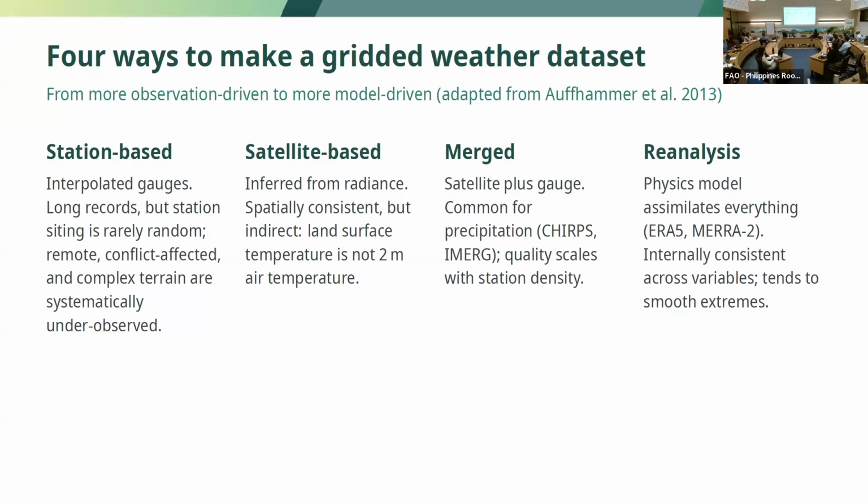There's merged data, which then brings together some of these satellites and gauge information. CHIRPS, I think, is a nice example of that. And then we also have reanalysis data. And that's where you have these physics-based models that will take all of this information, often adding in understandings of geophysics and how the atmosphere works, to produce these internally consistent variables. But what we also see is it tends to smooth out some of these extremes.